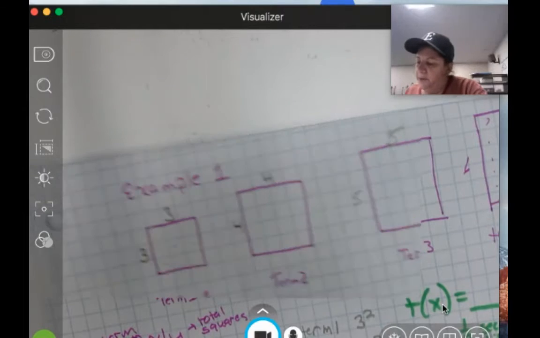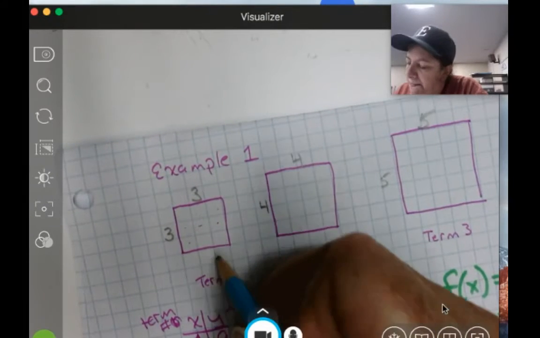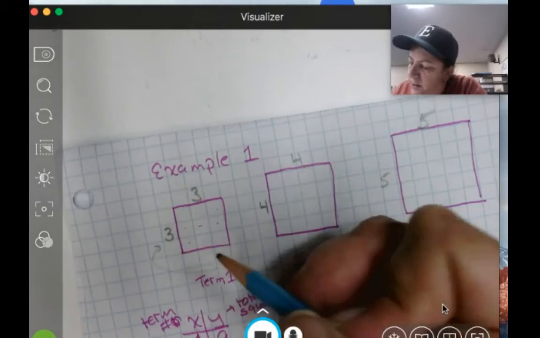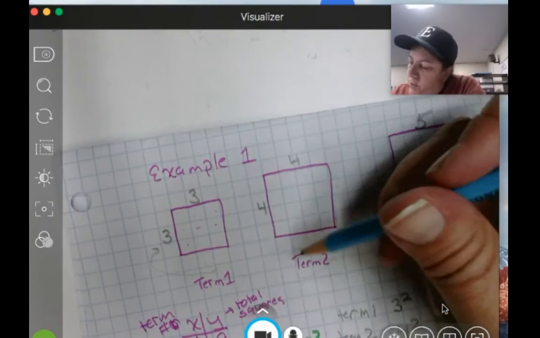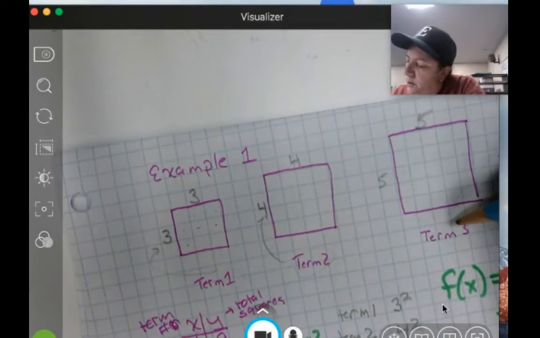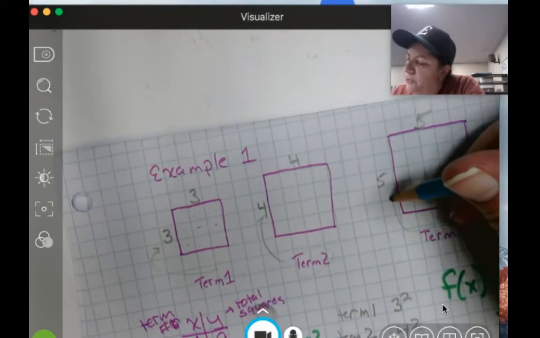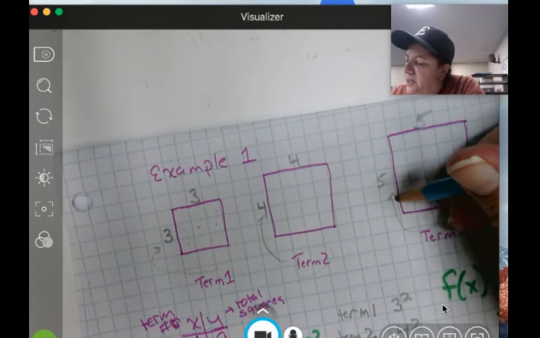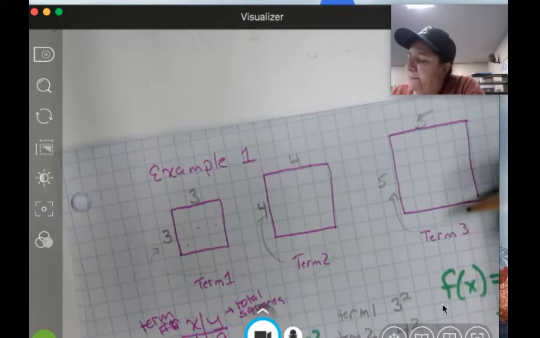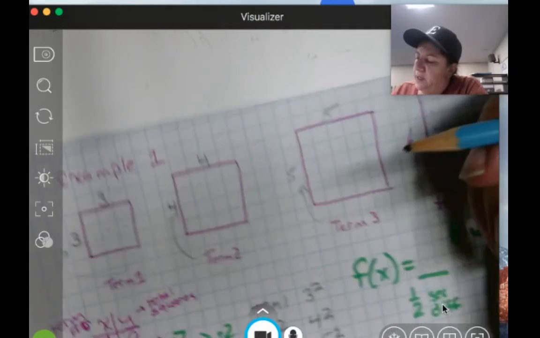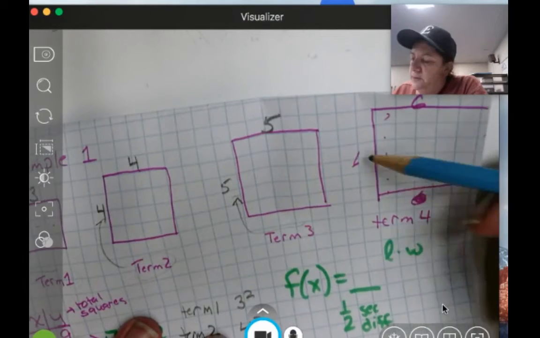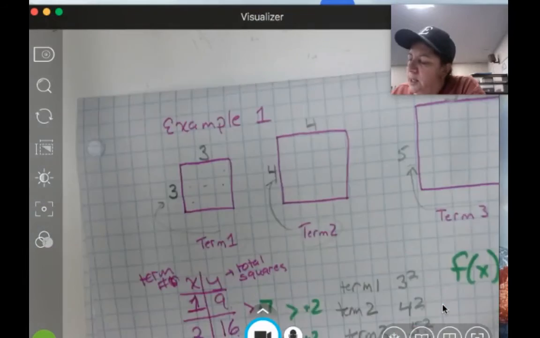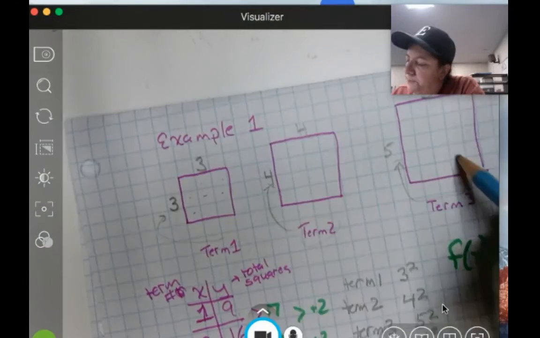So what I want to think is, if x is 1, how do I turn a 1 into a 3? It's got to be the same way that I could turn a 2 into a 4. How can I turn a 3 into a 5? If x is 3, what would I have to do to x to make it 5? If x is 4, what would I have to do to x to make it 6? And it has to be the same thing for all of them.